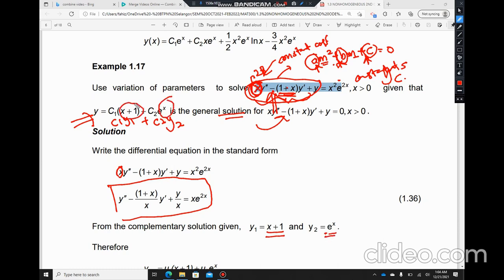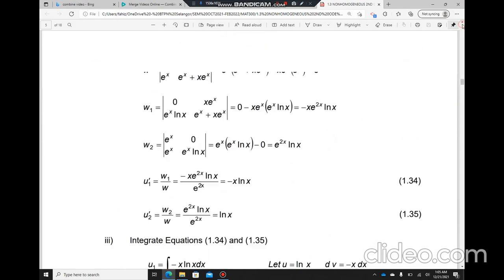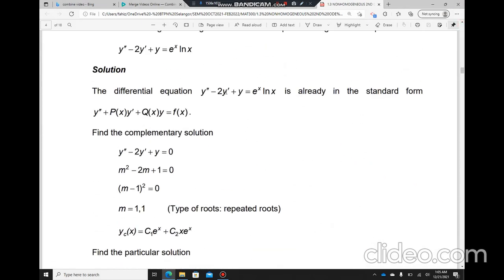Okay, from here, so that's why saya kata tadi, maknanya dalam kes ni awak tak perlu cari y1 and y2 sebab diberi. Sebab kita tak belajar cara nak cari y1 and y2 bila diberi depan ni adalah variable coefficient. So kalau awak tengok balik previous example, dia tak bagi y1, y2, so awak kena cari untuk dapatkan y1 and y2.